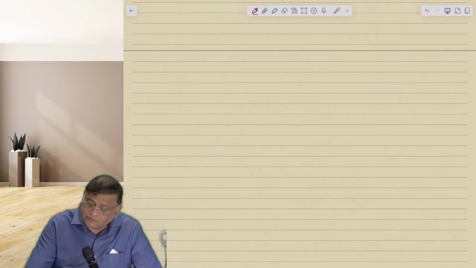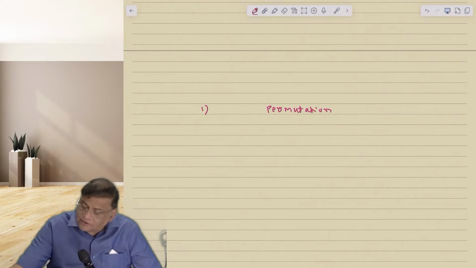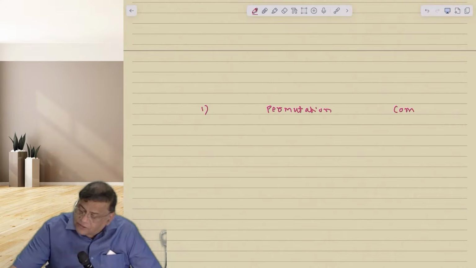My first point of revision is that you have two parts in this chapter. One is permutation and the other one is combination. So the whole chapter is decomposed into basically these two types.